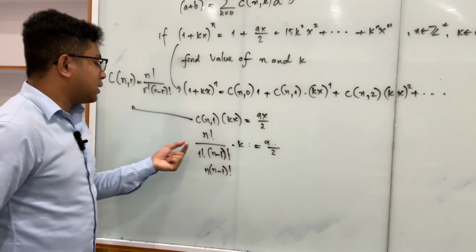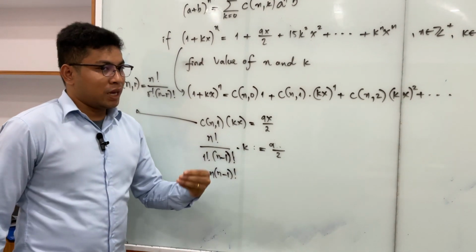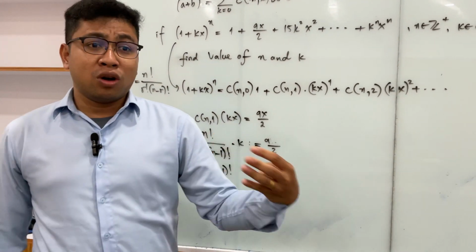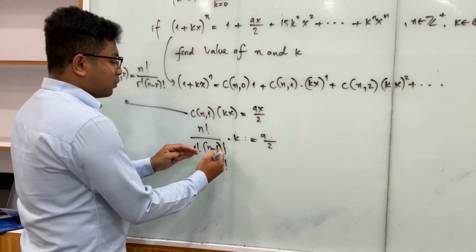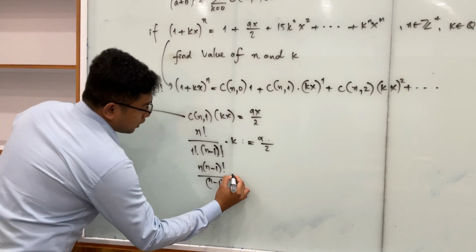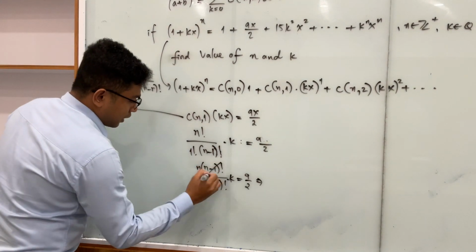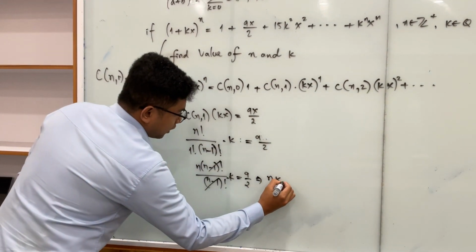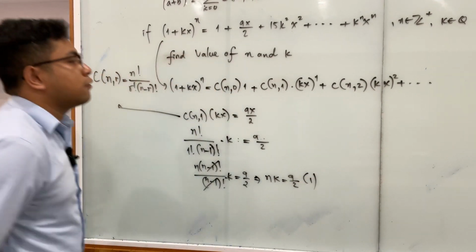The factorial means the multiplication from n minus 1, n minus 2, and so on until 1, but I just want to stop here because we want to simplify the denominator. So (n minus 1) factorial times k and... equals 9 over 2, so this can be simplified and nk equals 9 over 2, right? So we can consider this as equation 1.